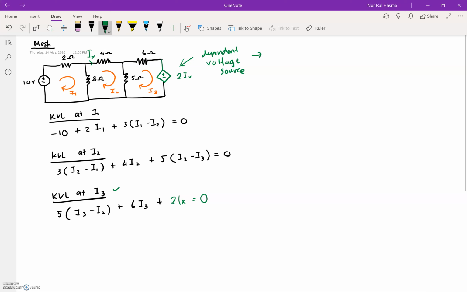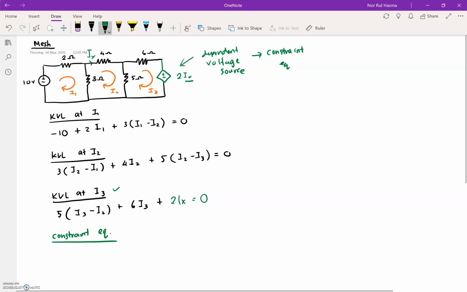There will be a constraint equation. So there will be some additional equation that you have to add to the original equations. So the constraint equation will be: what is Ix?